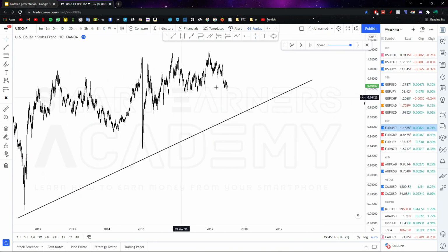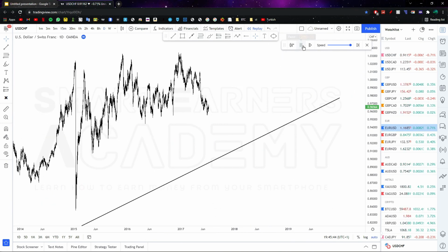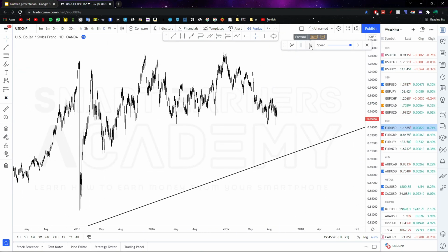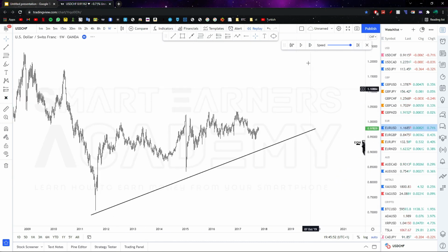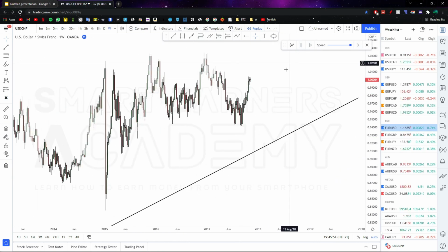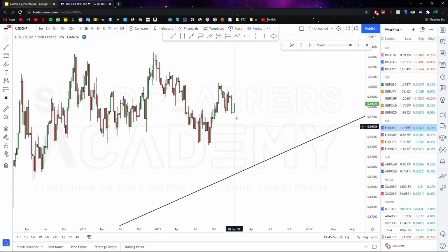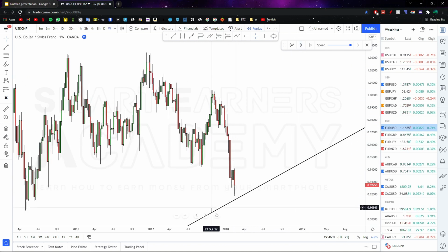Now, if we move on to the bullish side of this theory, let's just play price. If we take a look at what's going on here, we'll move on to the weekly actually. You can see that the closer price gets to this trend line, the more it wants to go up, because at this point price is being oversold.